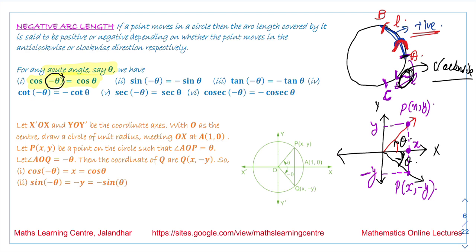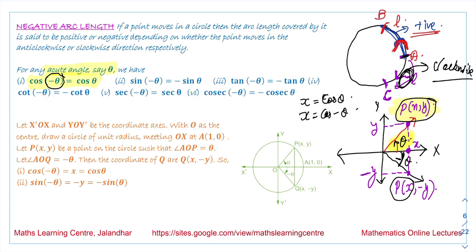So what we get is, if we are talking about the function corresponding to this, the angle over here is theta. We are talking about the point P x, y, the angle over here is theta. So what we get is x is equal to cos theta.